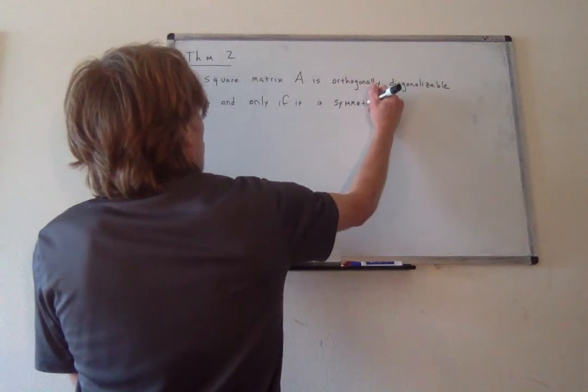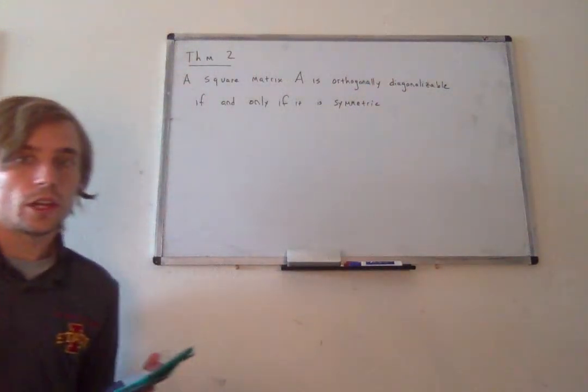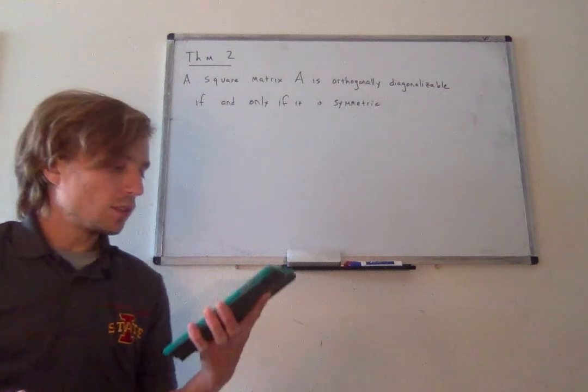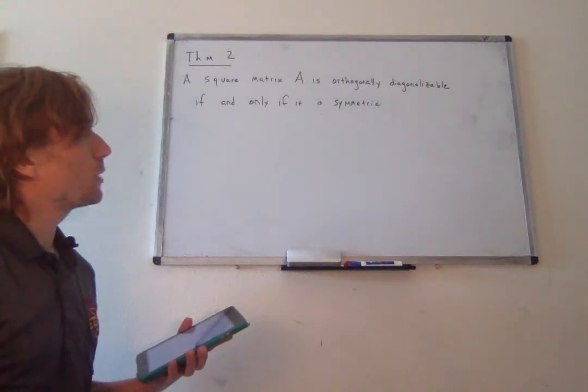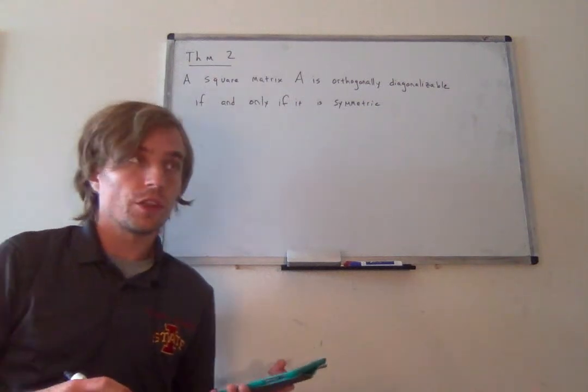So in fact, the only matrices that are orthogonally diagonalizable are those that are symmetric, and every symmetric matrix is orthogonally diagonalizable.